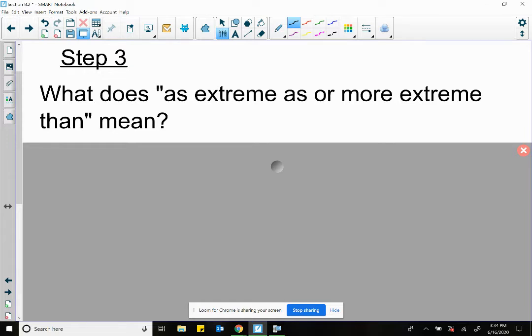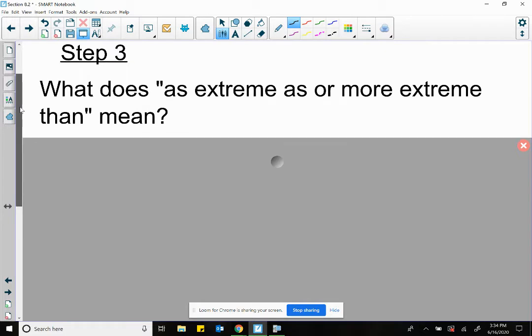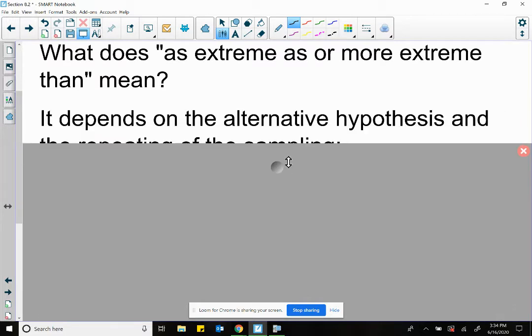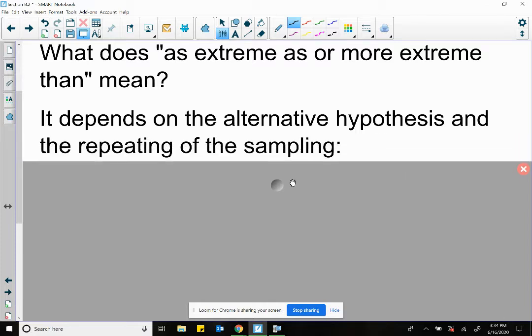And again, this is all about the p-value, because remember, that's the probability that the value happens as extreme as or more extreme than this. So this is all about the p-value, which is what I want to talk about in step 3 anyway. First off, it depends on the alternative hypothesis and the repeating of the sampling.